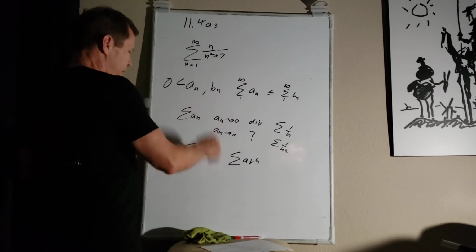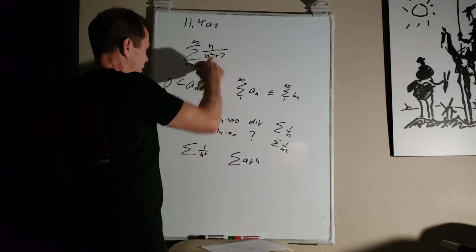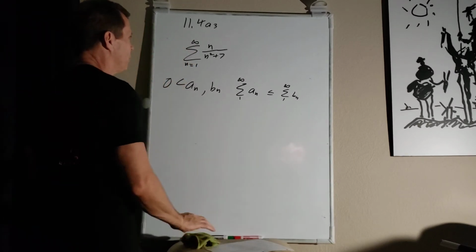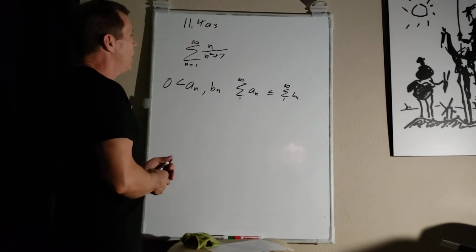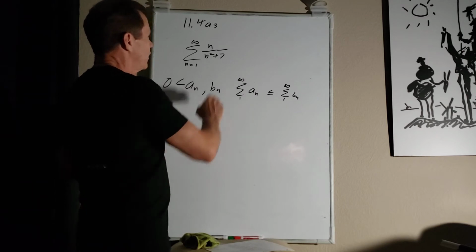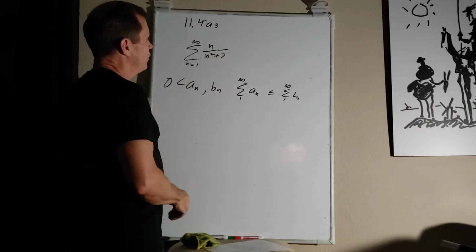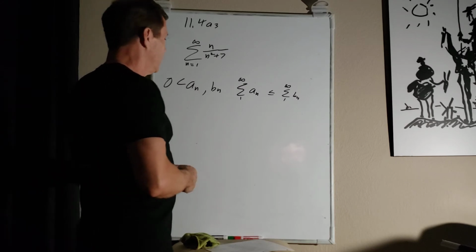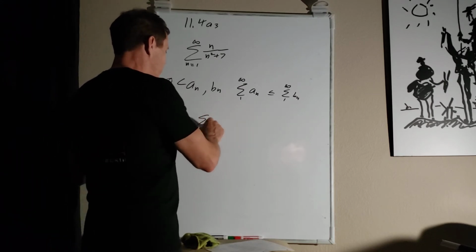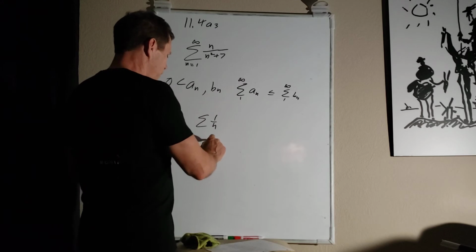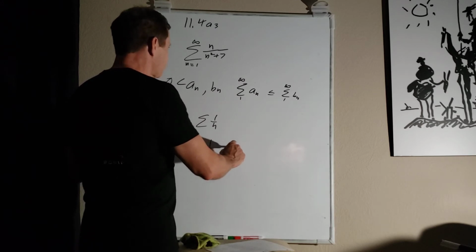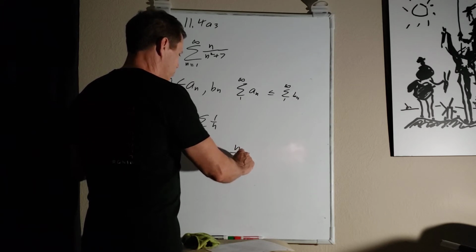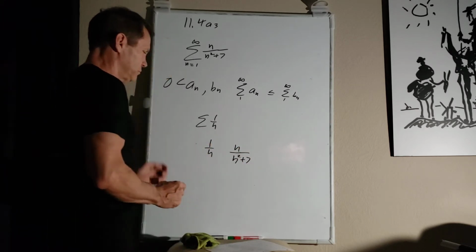Looking at this series, do you think it converges? Do you think it blows up? I don't know. What does it look like? If that 7 wasn't there, you'd have n over n squared, so it looks like 1 over n. So I'm probably going to compare this to the series 1 over n. Now who's bigger, 1 over n or n over n squared plus 7?